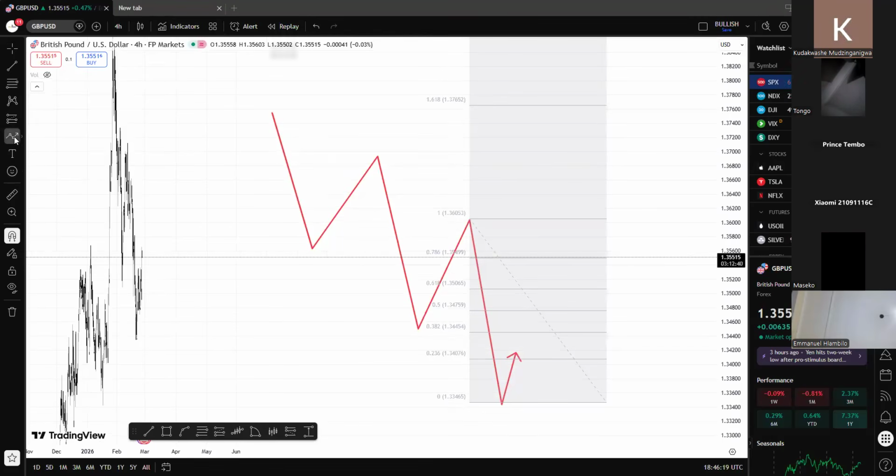So in this instance, we want to see that market structure coming to our levels and giving us a break of market structure before it shoots down, right? And like I said, this usually happens around the 0.5, 0.61, and the 0.71, right? I hope you are understanding.